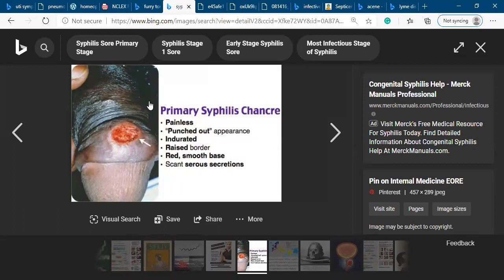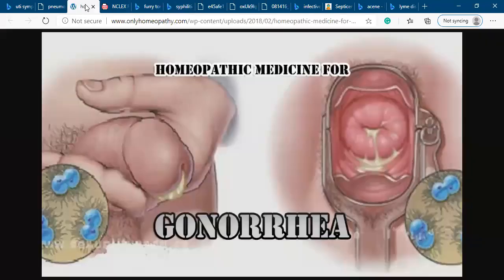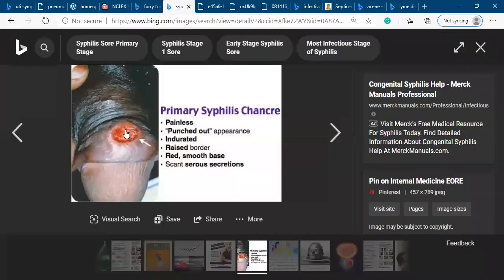If you ask me what the basic sign and symptom difference between syphilis and gonorrhea is: in gonorrhea, there is pus discharge. In syphilis, both are sexually transmitted diseases, but the organism is different, the bacteria is different, the underlying cause is different.